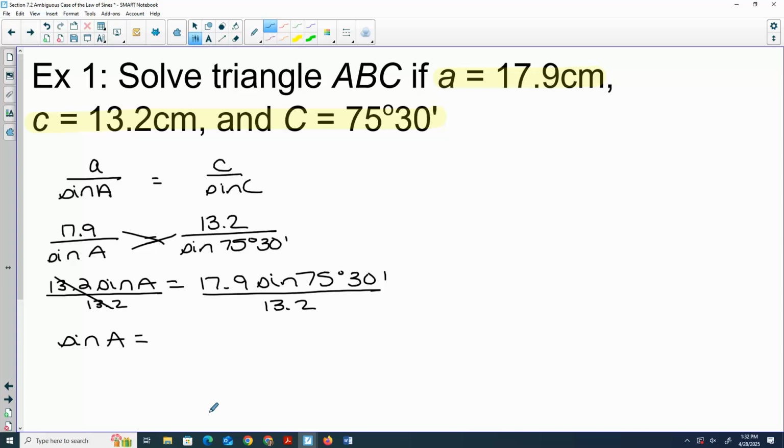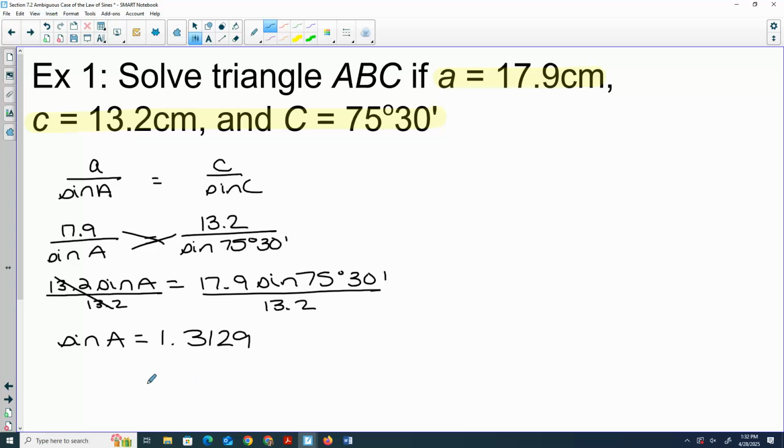We have 17.9 sine of 75 and the 30 minutes, you do plus 30 over 60. Divided by 13.2. And it tells me that sine A is 1.3129.